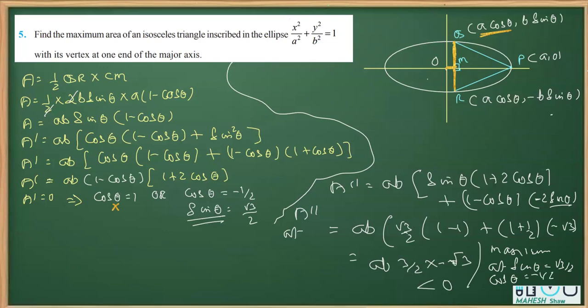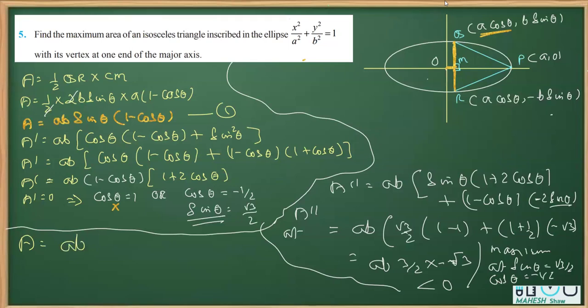So once we got this, now we can find out the area. That's what they have asked for. So finding the area. Where is the area? I can see the area of the triangle is this one, which I marked. So area of the triangle is what? AB sine theta, which is root 3 by 2, into 1 minus cos theta.